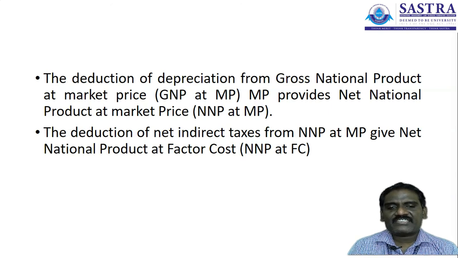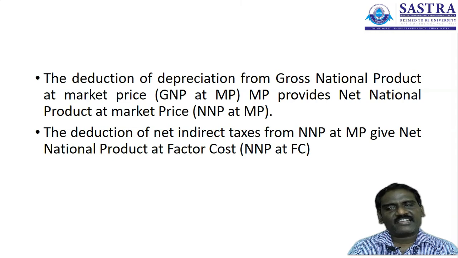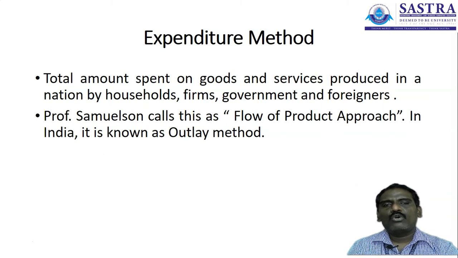Finally, there are deductions of net direct taxes and net indirect taxes from the net national product at the market price. It gives the net national product at the factor cost. Finally, you arrive at the net national product at factor cost for the calculation of the output method. So this is the value at which the goods and services are produced at the factor level.